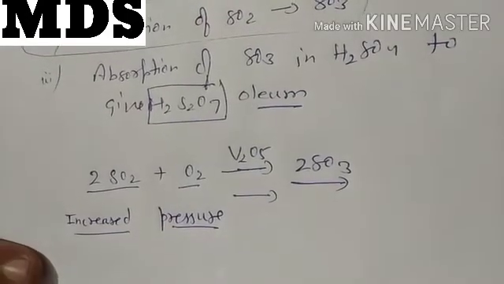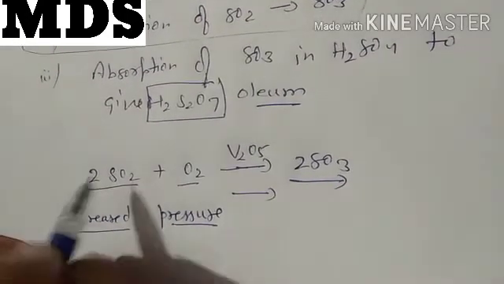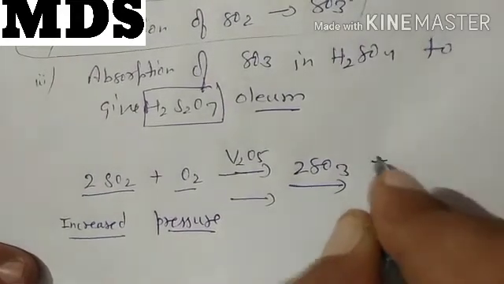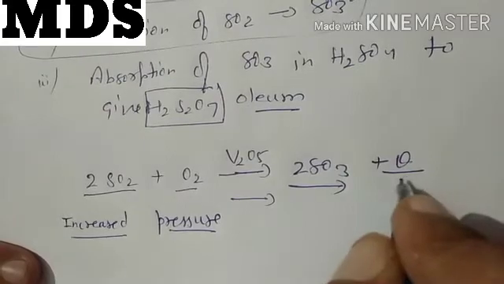So by Le Chatelier's principle, increased pressure is the favorable condition if you want the reaction to move in the forward direction. Next, when we oxidize sulfur dioxide to form sulfur trioxide, a large amount of energy is released.